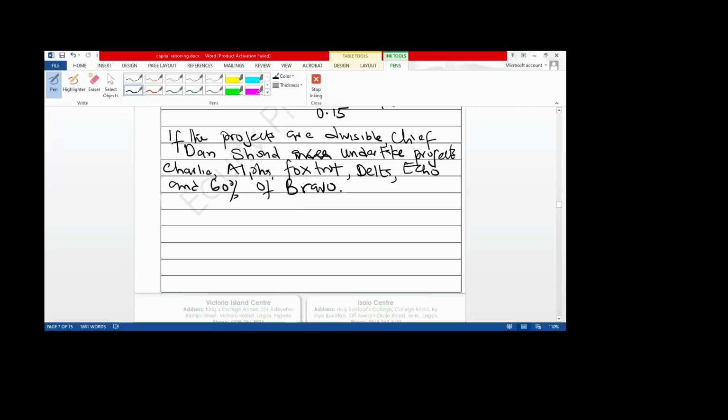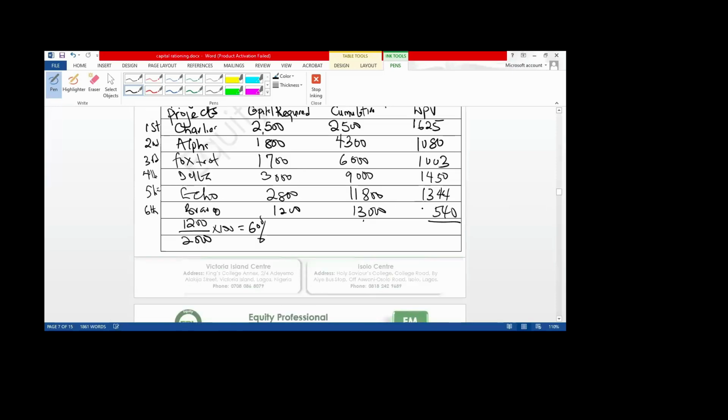Please solve for 1,625 plus 1,080 plus 1,003 plus 1,450 plus 1,344 plus 540.